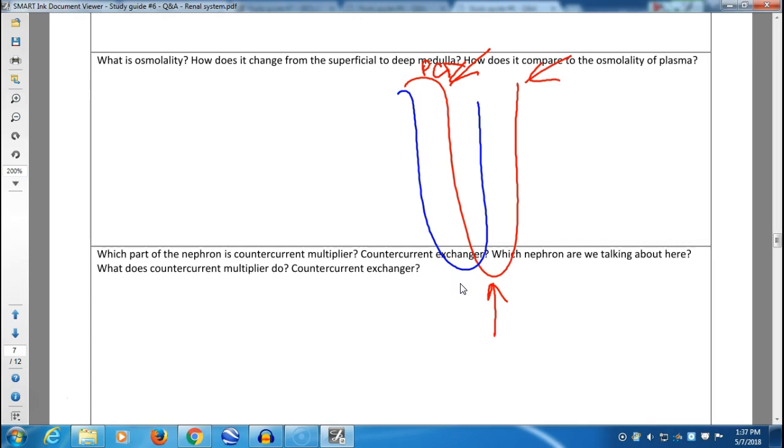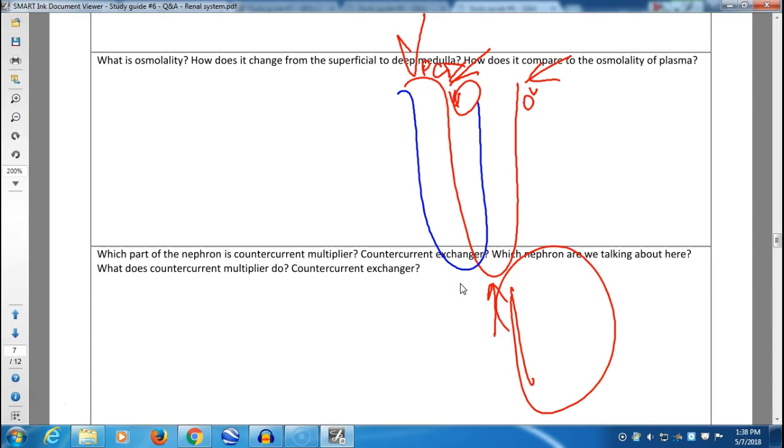So reabsorption in the nephron loop of a juxtamedullary nephron is facultative or obligatory? Obligatory. We do not regulate it. We reabsorb all that water. So volume goes from the biggest here to the smallest here. Osmolality goes from small, to huge, to smallest. That's the most diluted point at the distal convoluted tubule. That's the most diluted filtrate that we have.